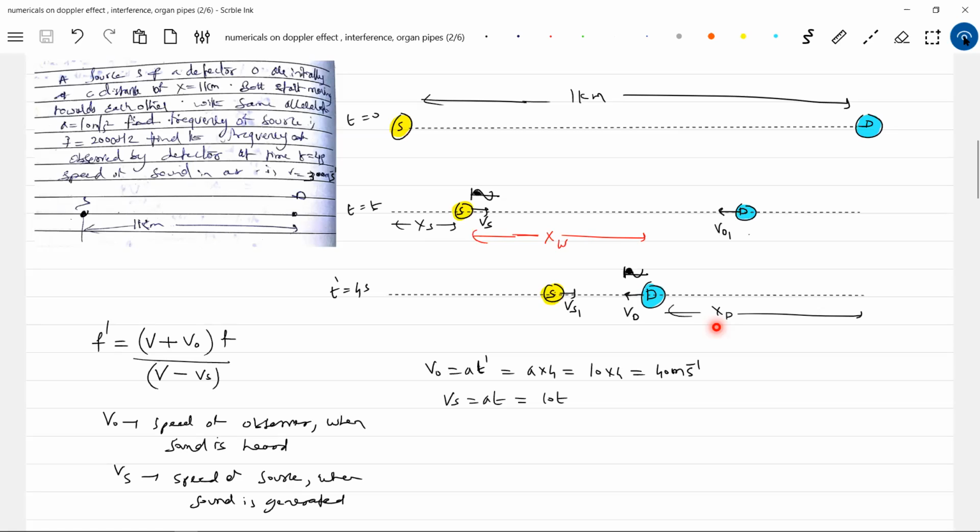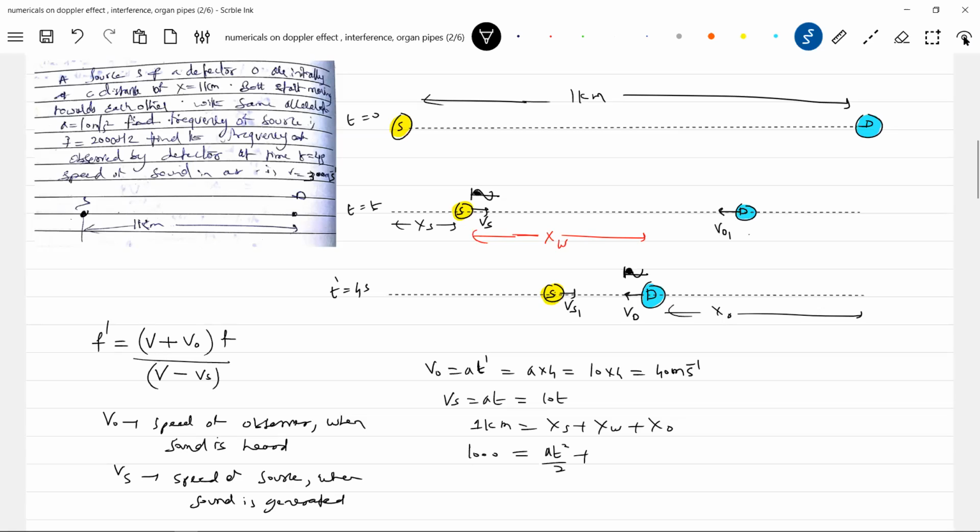Now, what is xs? That 1 kilometer. That's why this diagram is very important. This is XO, the detector. Now, this is 1000. xs is A T square by 2.